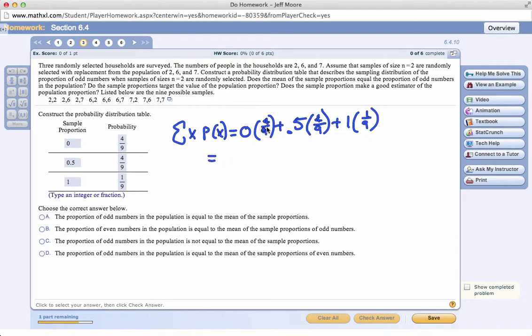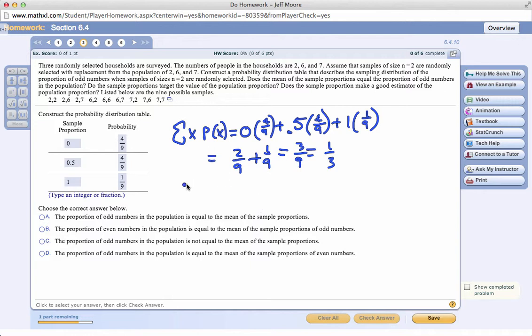Okay, so let's see. Well, this first term is going to be 0. The second one's going to be 2/9. The third one is going to be 1/9, which is going to give us 3/9, or in other words, 1/3.